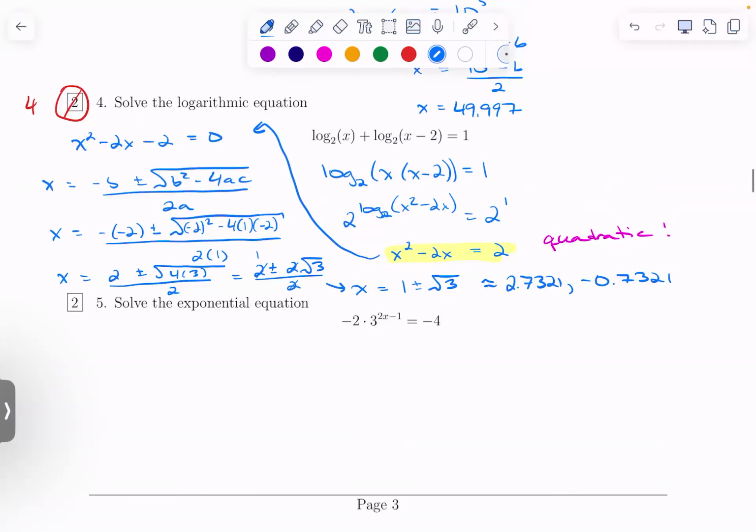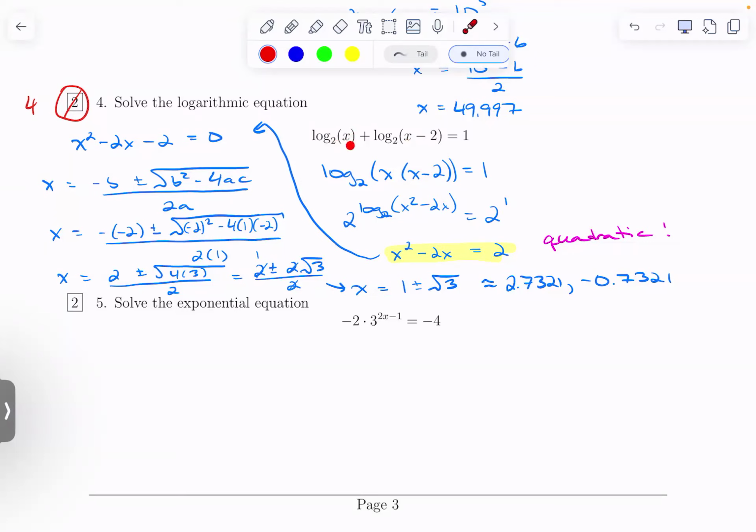Why? Because of my domain, right? I can't take the log of a negative. Here what's nice is I have just the log of x, and so I can compare it to x minus 2. So this one can handle a larger value of x than this one can. And so this is our limiting factor.